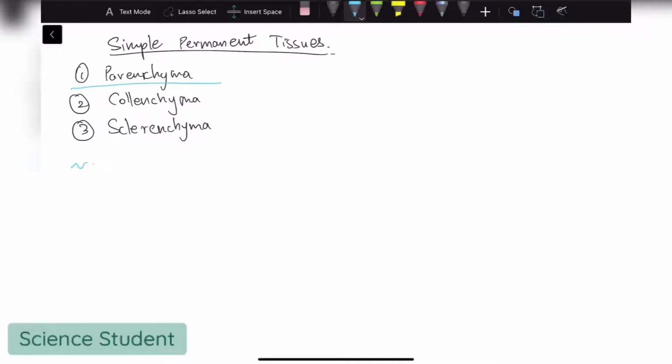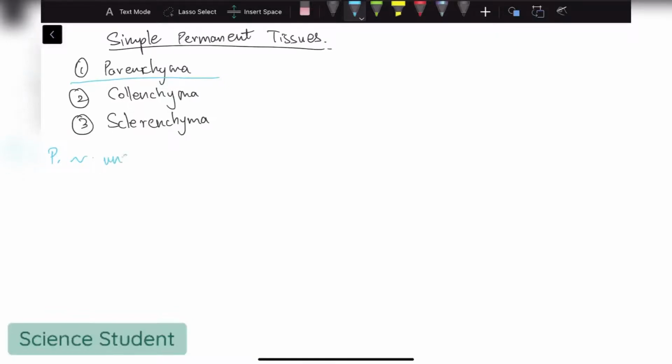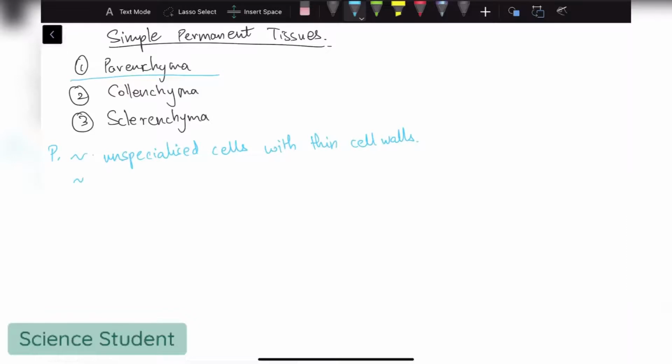So parenchyma, I'll write here P. Parenchyma have unspecialized cells with thin cell walls. Okay, they have unspecialized cells with thin cell walls.